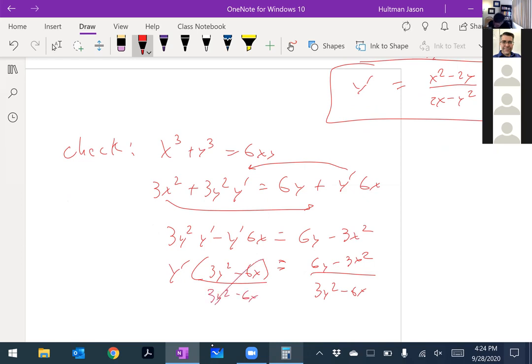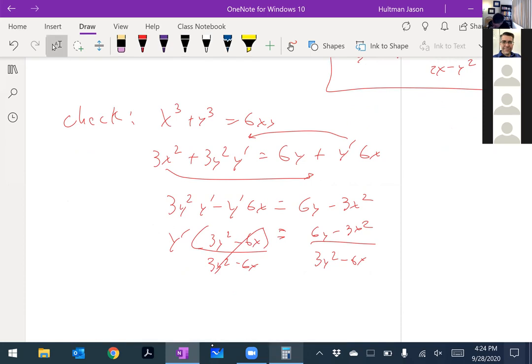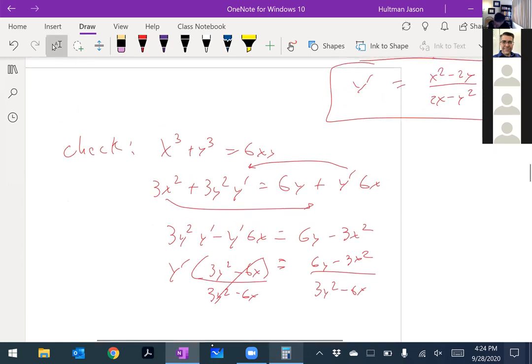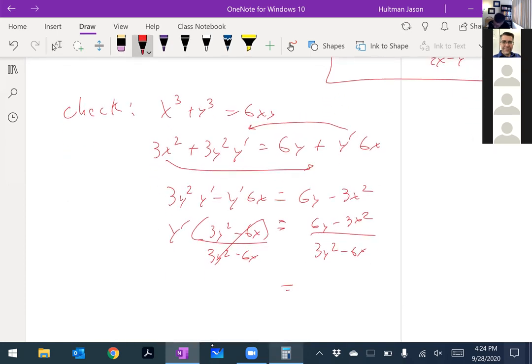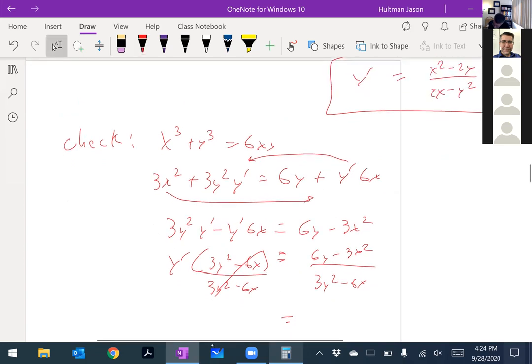If I pull out a negative 3 over negative 3, I'll get 2x minus y squared over x squared minus 2y, and so it does check. So we can use partials to implicitly differentiate.